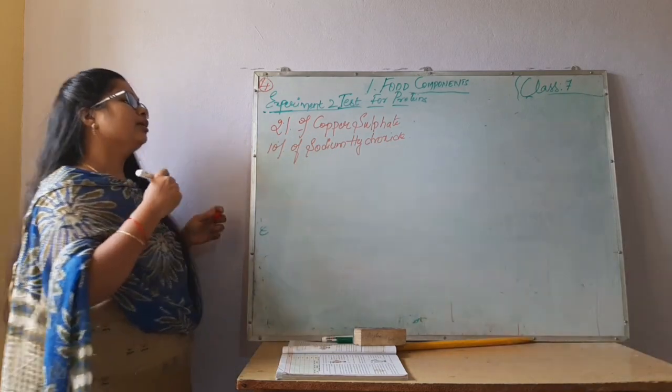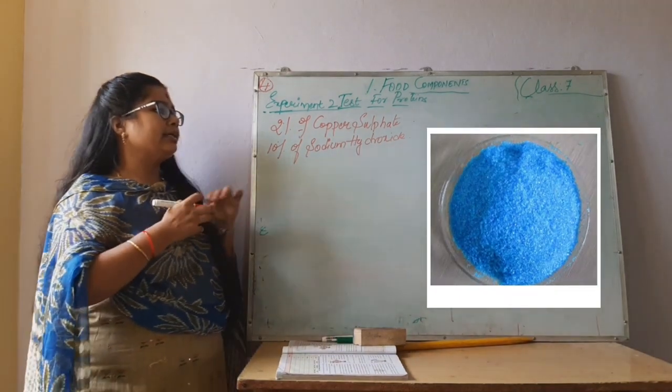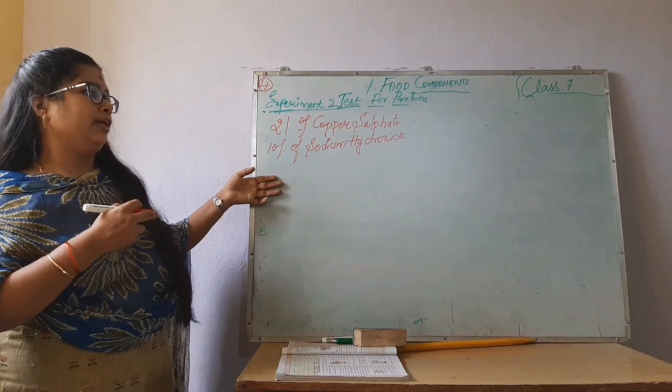So what all you need? 2% of copper sulfate and 10% of sodium hydroxide.